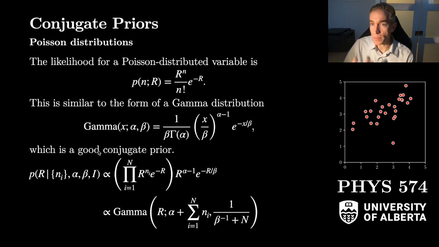So this turns out to be a good prior here, and you can write down the likelihood, which is the product of all these. I've absorbed some normalization constants in here.